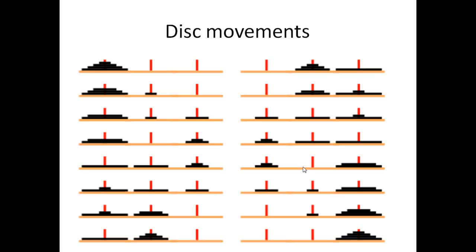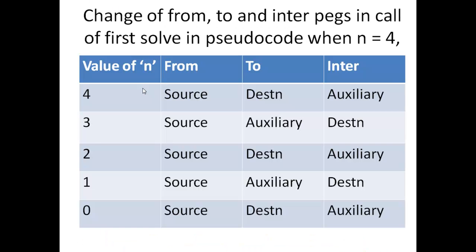So initially all the disks are stacked up in the source. Next we start moving the disks from the source. Only one disk needs to be moved at a time, and that is being followed. If you go to the previous slide, you can see that when n is equal to 4, it is moved from source to destination, keeping the intermediate as auxiliary.